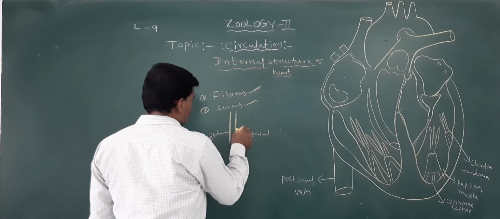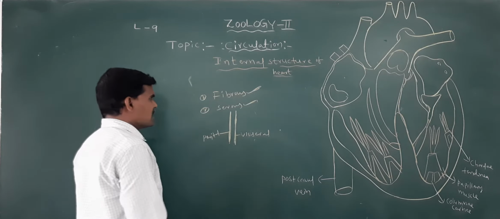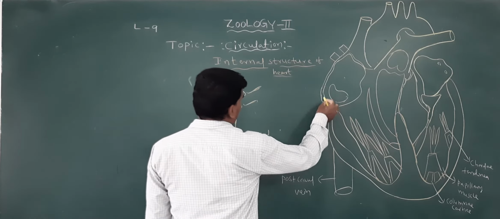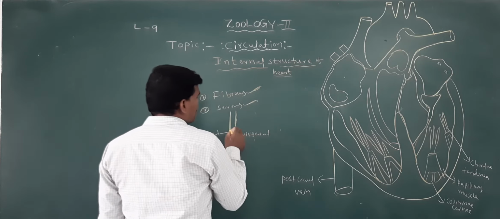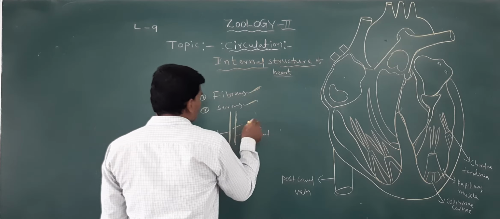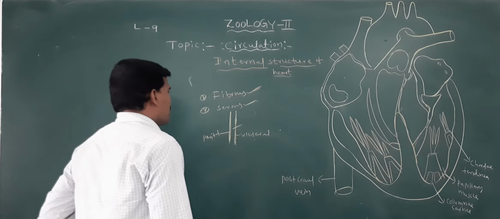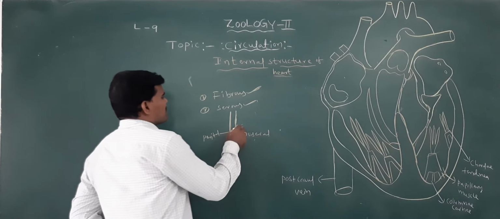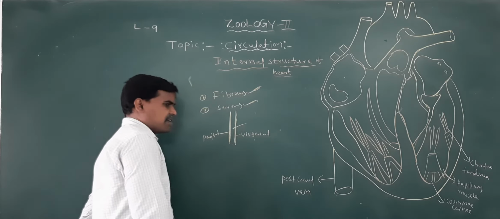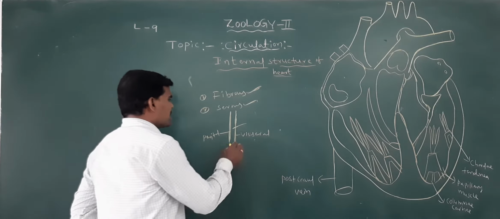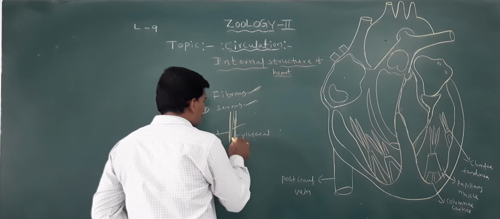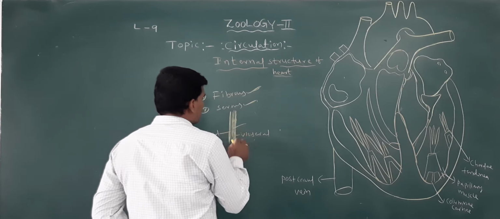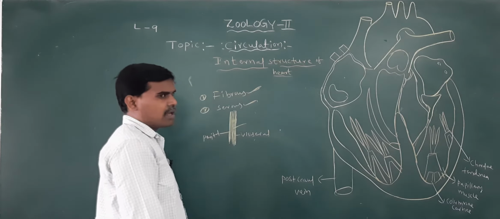In between the two layers, an empty space forms. This empty space is called the pericardial cavity, and it is filled with pericardial fluid.